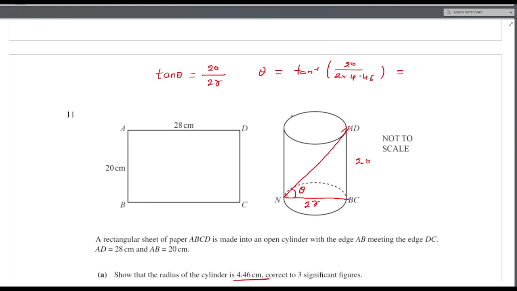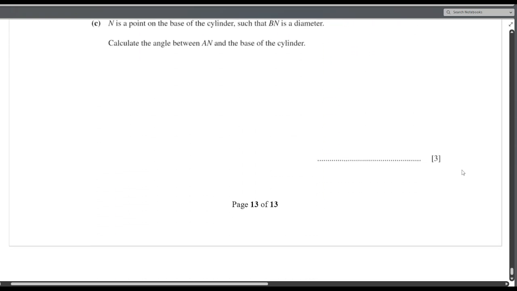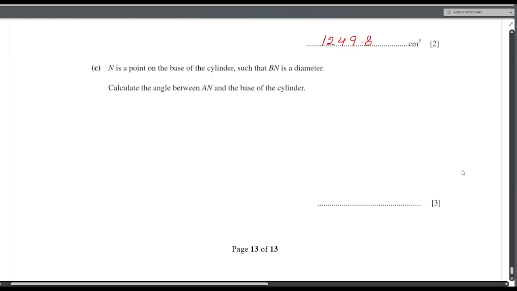The answer is 65.96. 66.0 is better. So angle theta, for 3 marks, is 66.0 degree.